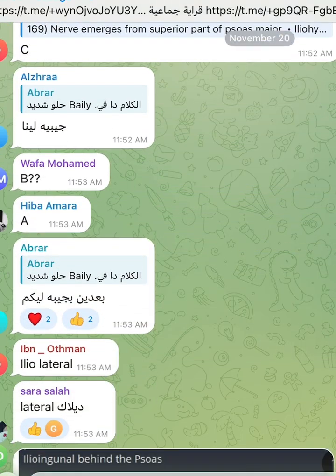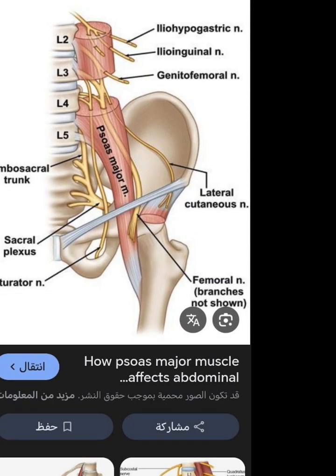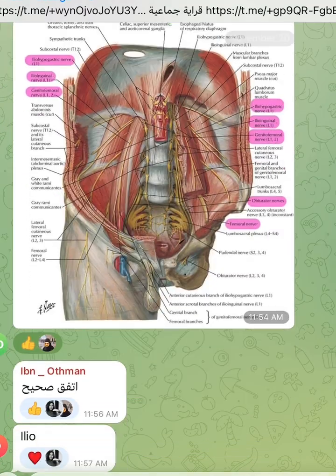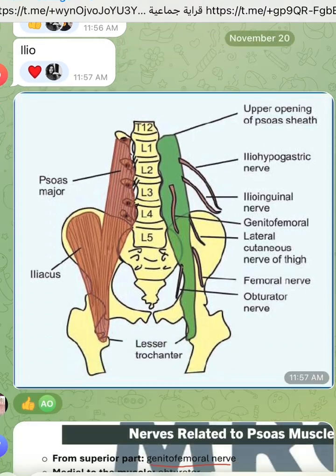The question is, if you see psoas major, this is psoas major, lateral cutaneous, that is femoral branches, and that is obturator, and iliohypogastric, ilioinguinal, genitofemoral. So all from the superior is iliohypogastric, ilioinguinal, genitofemoral.